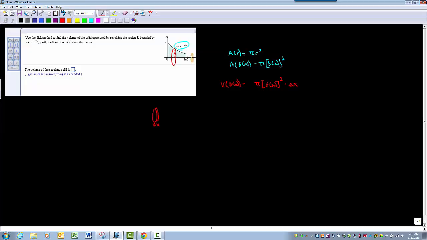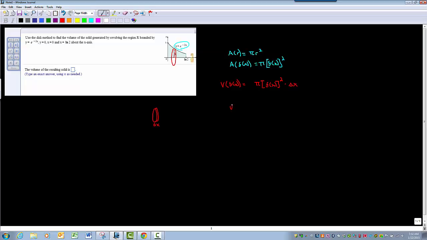Now what we want to do is add up all of those guys together, and there's an infinite amount between 0 and the natural log of 2. Okay, so to add up all of them, the overall volume, actually I shouldn't even say it's a function of x. Let me just write it like this.